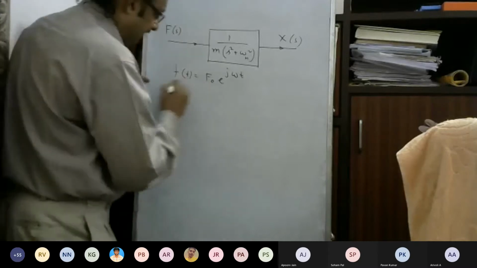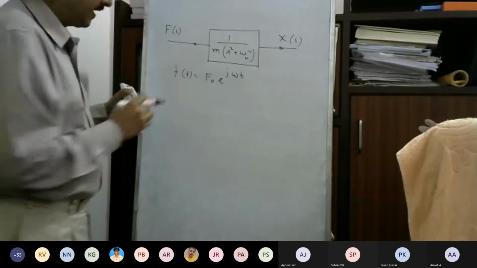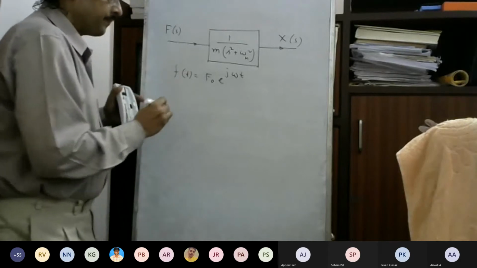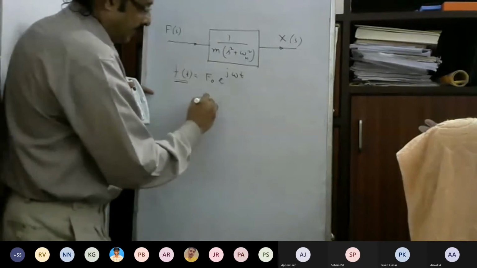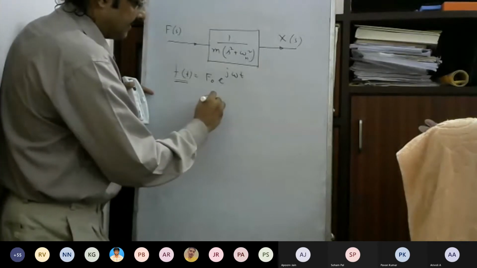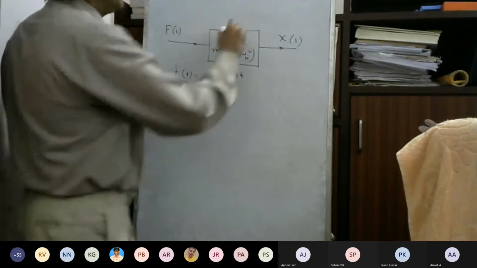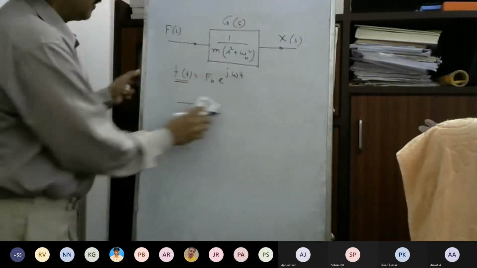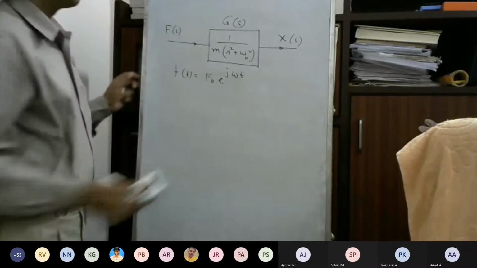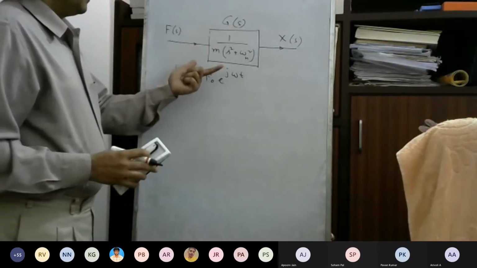There is a result which, of course, I'll not prove here. Let us say I have a system, and let me call its transfer function G s. The usual notation is G s to denote the transfer function.